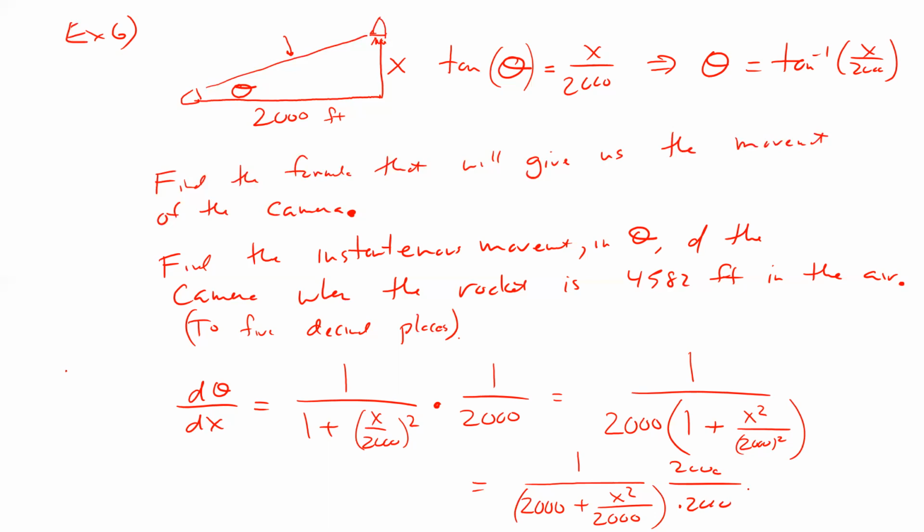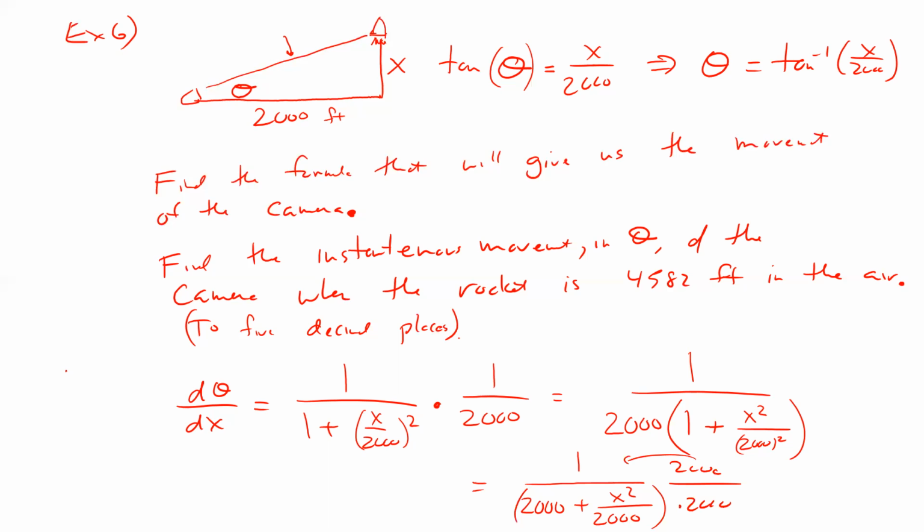This is going to be the final answer. As I distribute this, that's going to give me 2,000 squared plus x squared. You can write it like that.